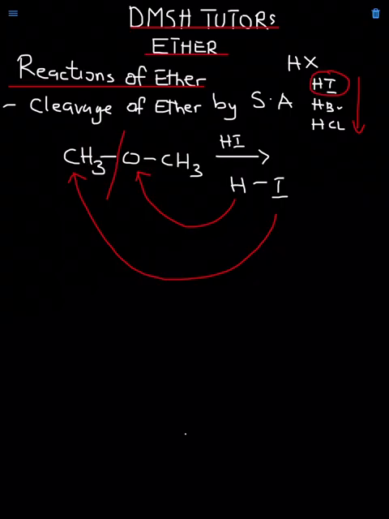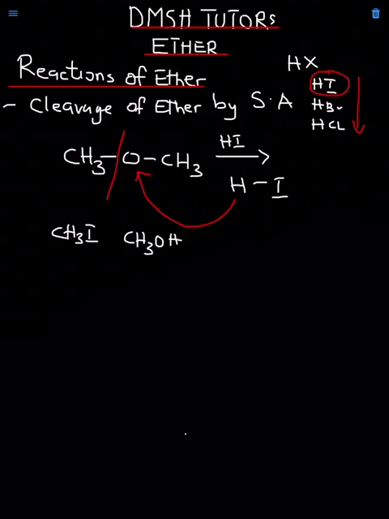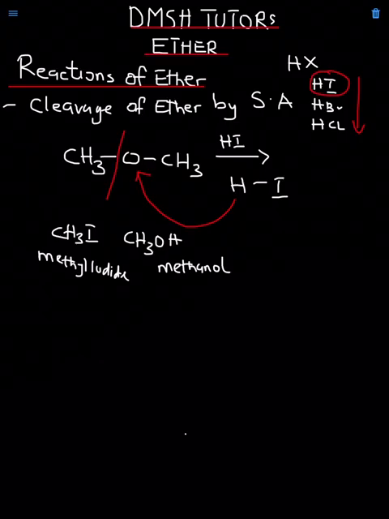So therefore we have CH3I and CH3OH. This is methyl iodide, and this is methanol.